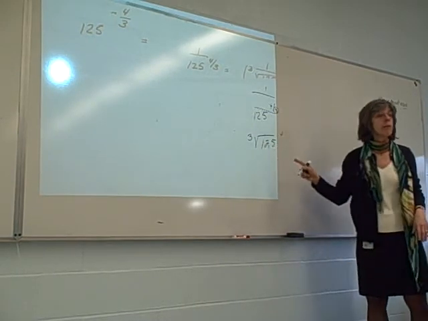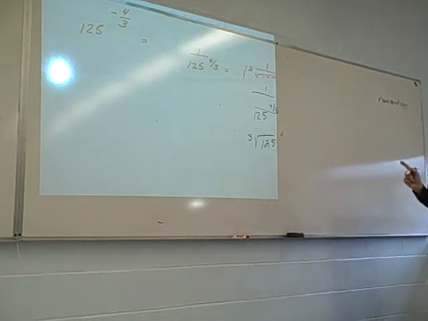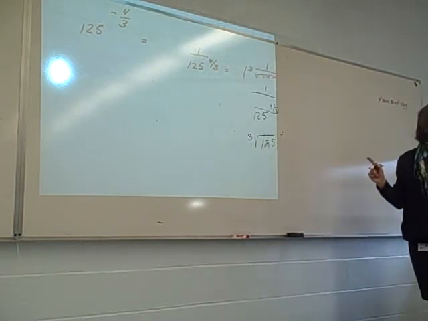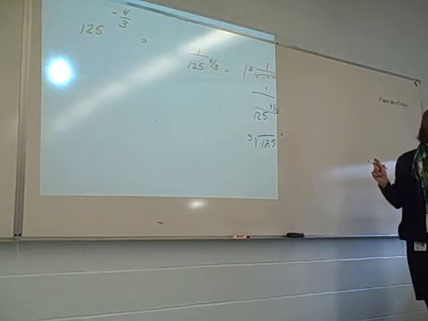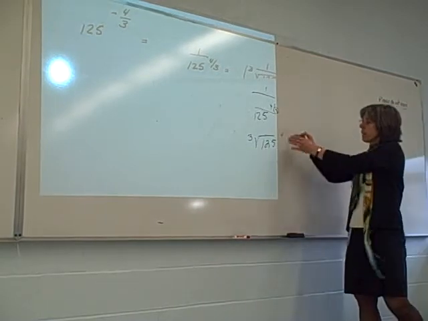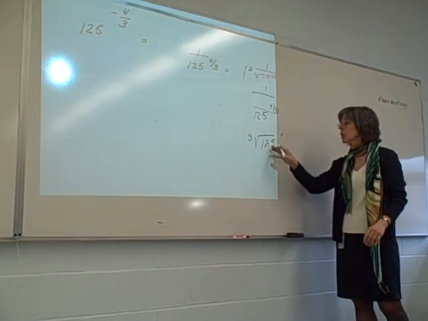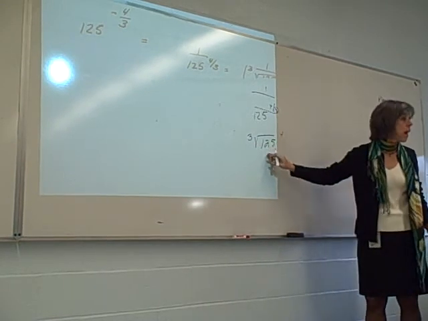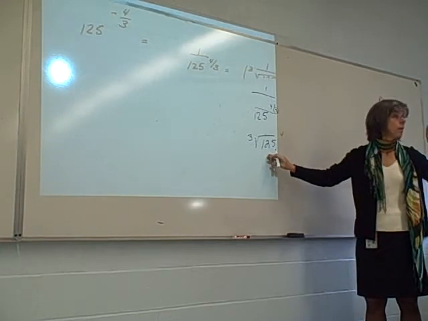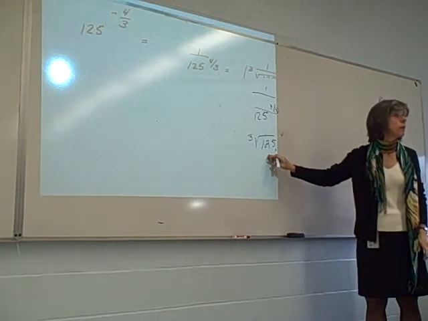So I am looking for the cubed root of 125. Yes, this whole thing is under 1, but I'm just dealing with this right now. So it's the cubed root of 125, which is 5, and then what? To the 4th power.